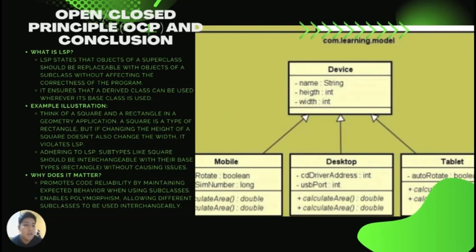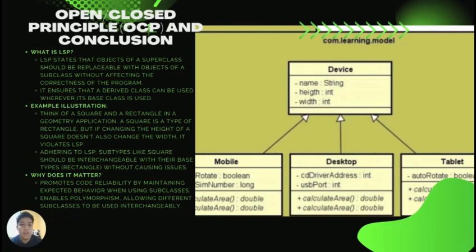What is LSP? LSP states that objects of a superclass should be replaceable with objects of a subclass without affecting the correctness of the program. It ensures that a derived class can be used wherever its base class is used. Example illustration: think of the square and the rectangle in a geometry application.